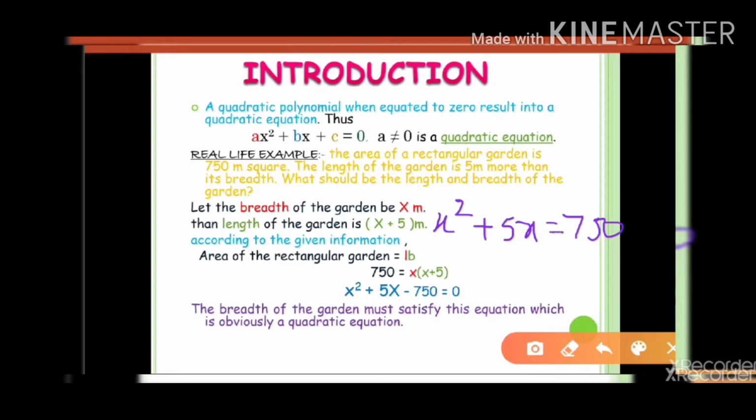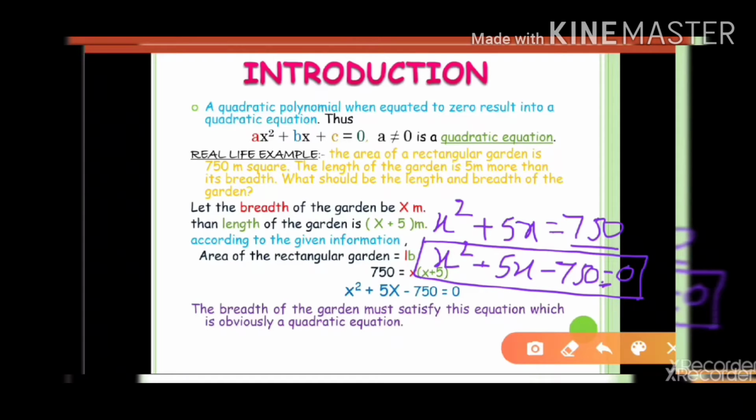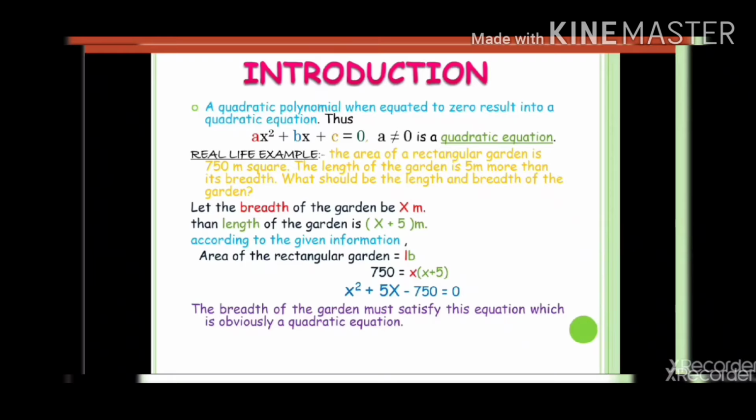When we transfer 750 to the LHS, it becomes negative, and we can write it as x square plus 5x minus 750 is equal to 0. Now this becomes a quadratic equation. x squared plus 5x minus 750 is equal to 0. This is a quadratic equation.